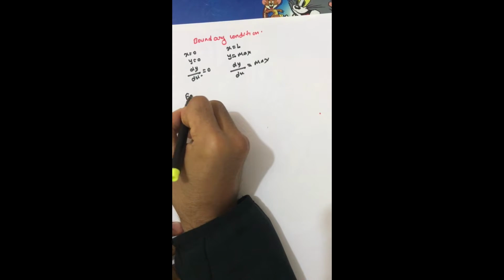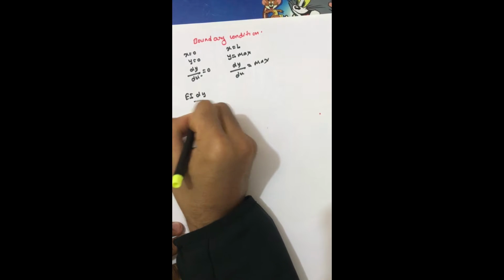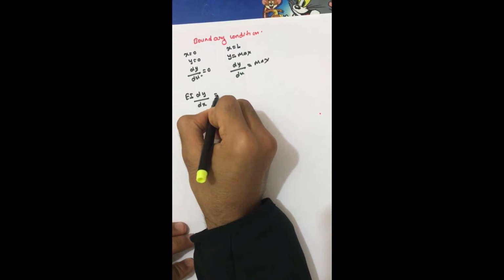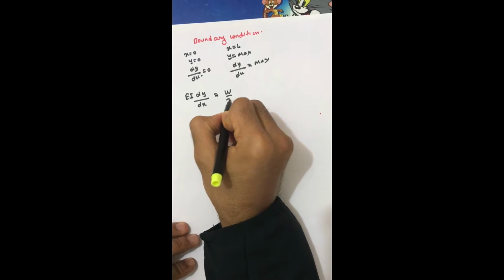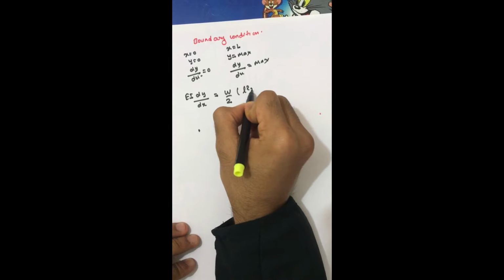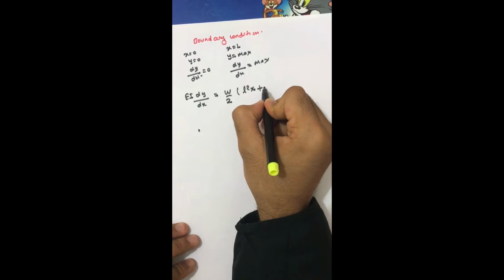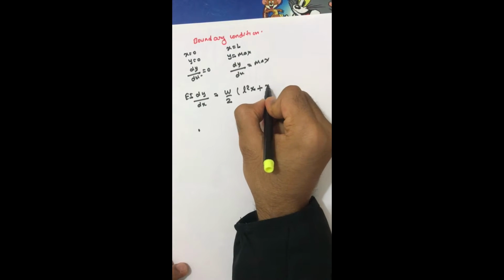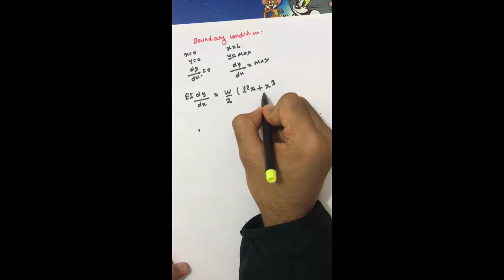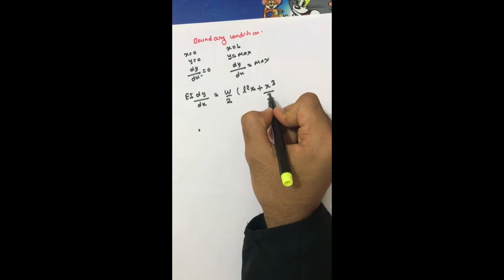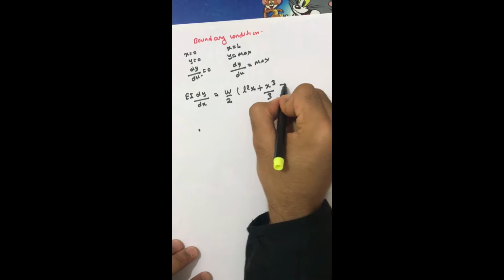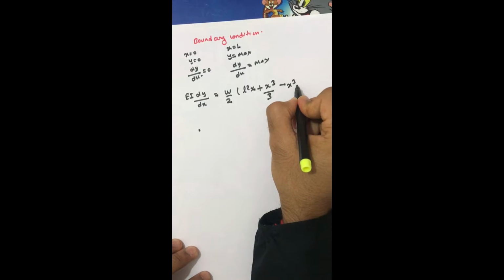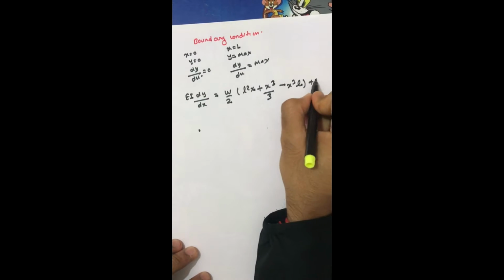EI dy/dx equals w/2 times (L squared x plus x to the power of 3 divided by 3 minus x squared L) plus C1.